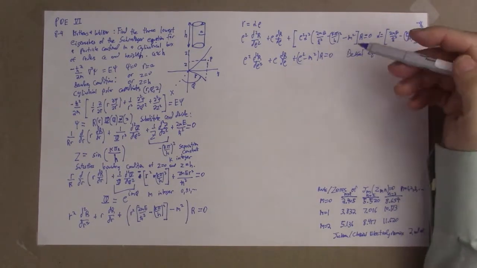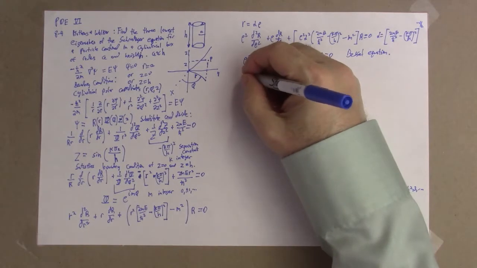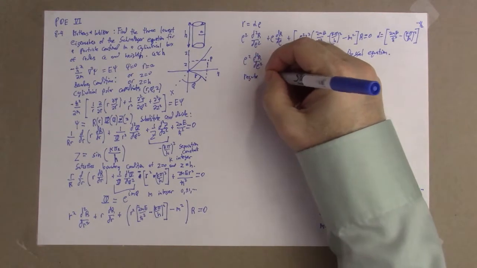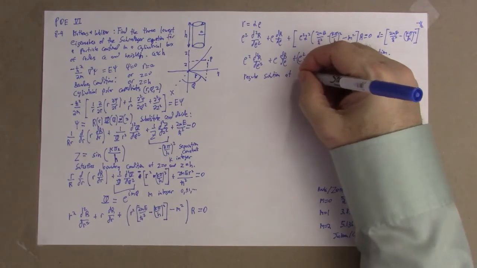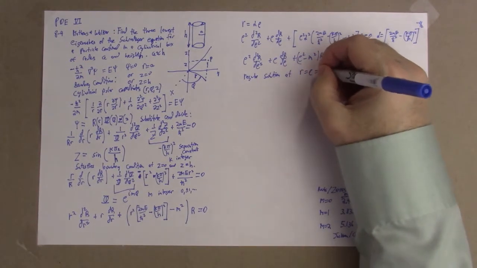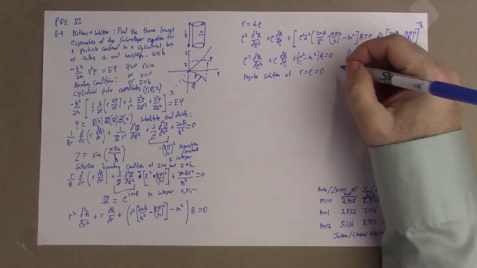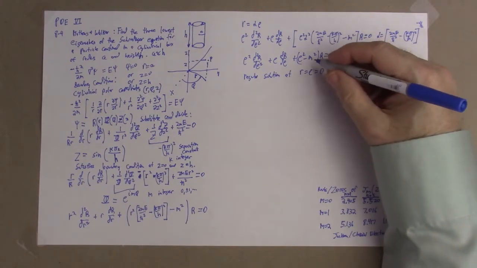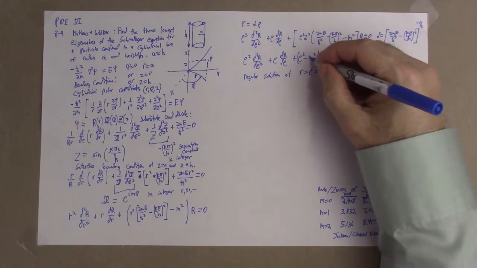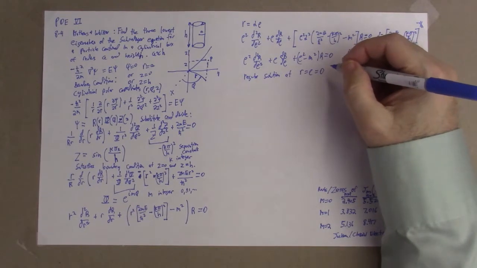But again, we're only interested in the regular solution at rho equals 0. And that solution is what's called a Bessel function of the first kind. And the order m is the parameter in here, and that determines the order of the Bessel function.